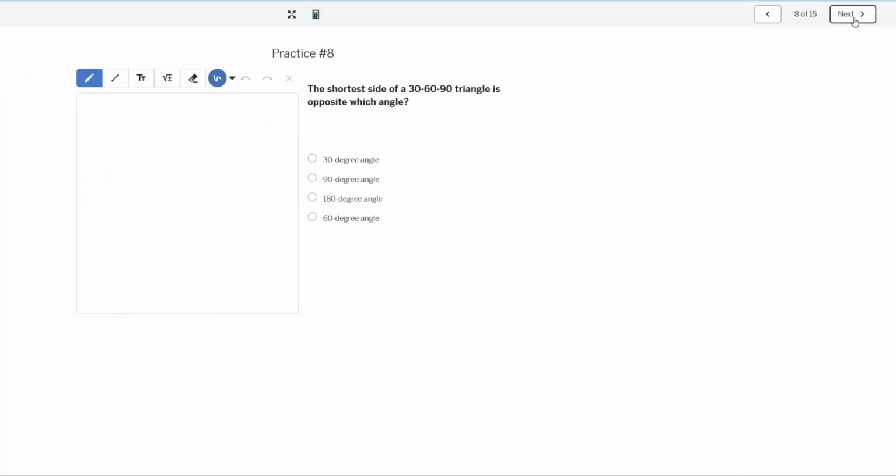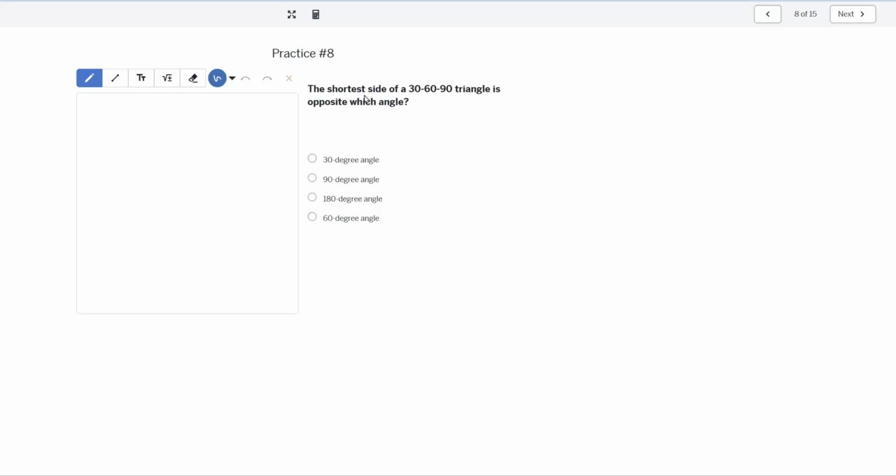Okay, next one. So this one is asking just for understanding what they're talking about with these right triangles, right? So if we had a 30, 60, 90 triangle, the shortest side is going to be opposite the shortest angle. That kind of makes sense, right? The wider an angle, the wider the side opposite would be.